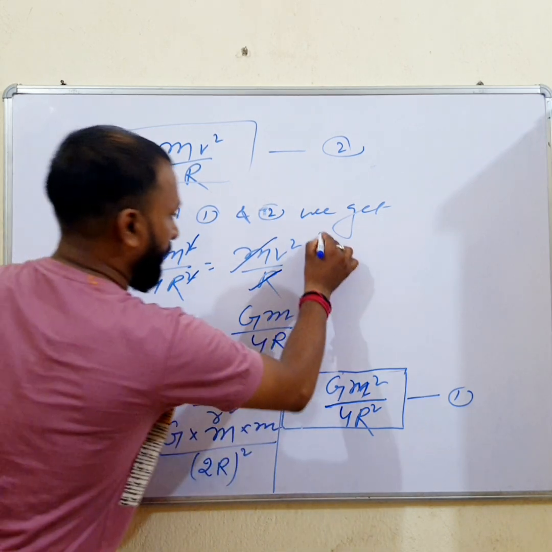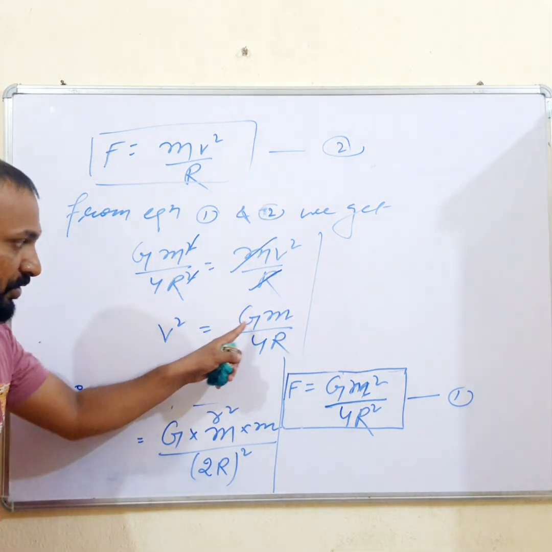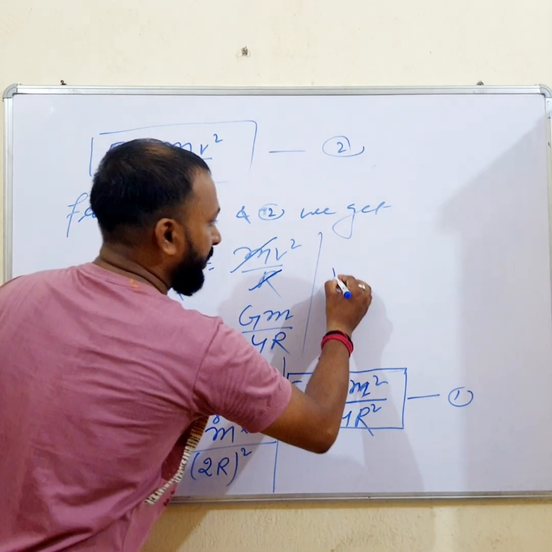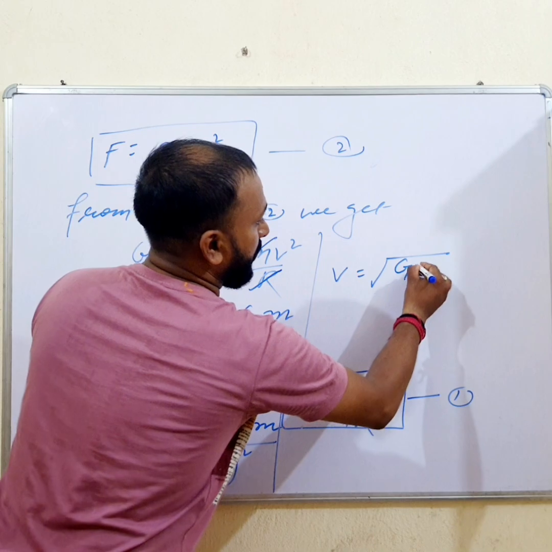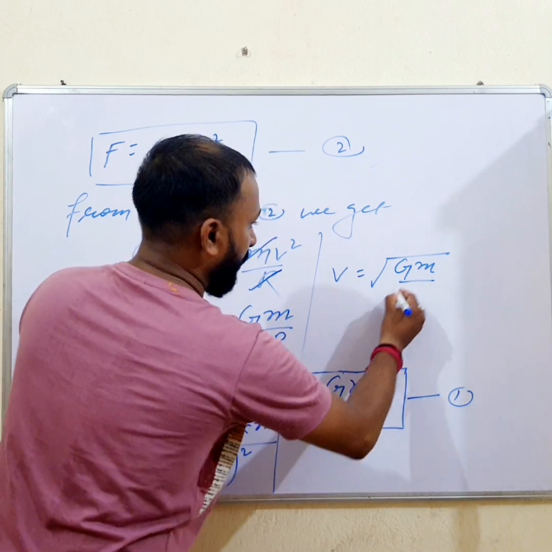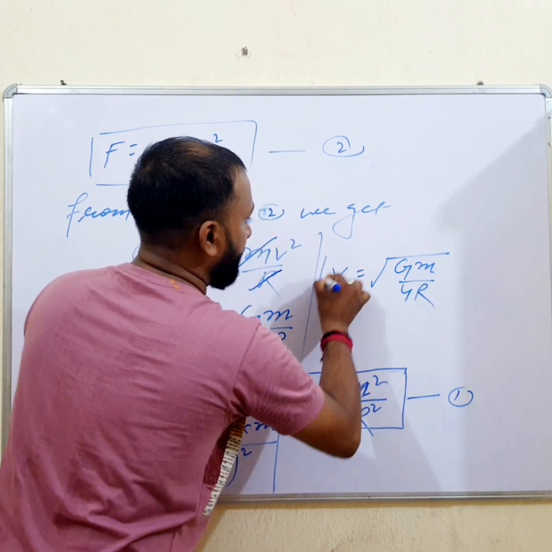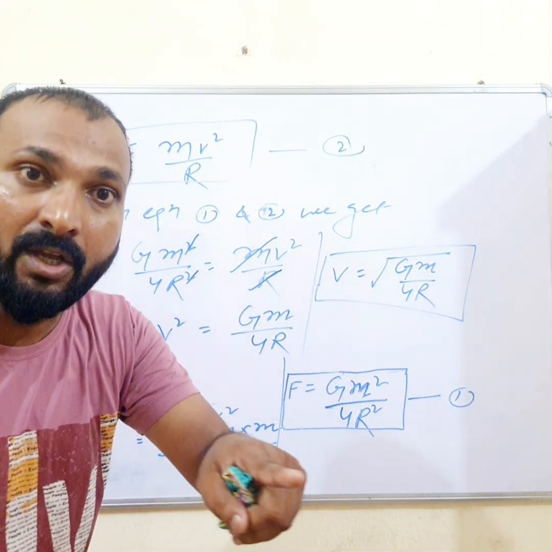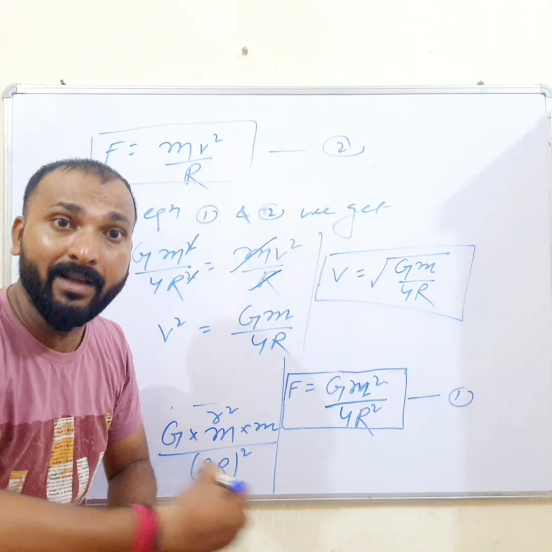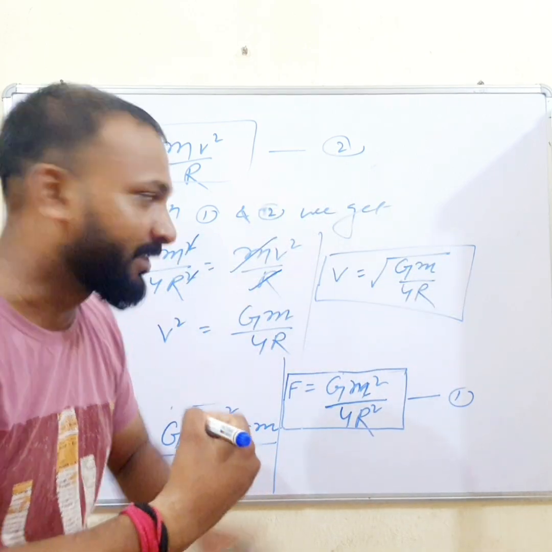So ultimately v square equals G m upon 4r, then v equals under square root G m upon 4r. This is the entire velocity attained by the particles when rotating in a circular track. This is the entire solution.